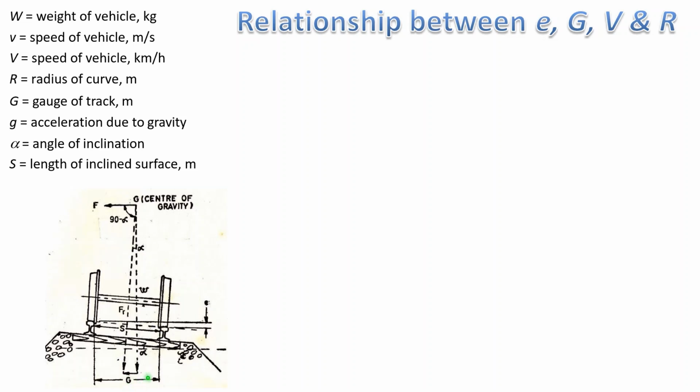So let's try to get a relationship between these things. We have already seen what centrifugal force is, which is mv square by r. Instead of mass, we can put weight by g. So the centrifugal force becomes Wv square by gR, and it will be acting radially outward.